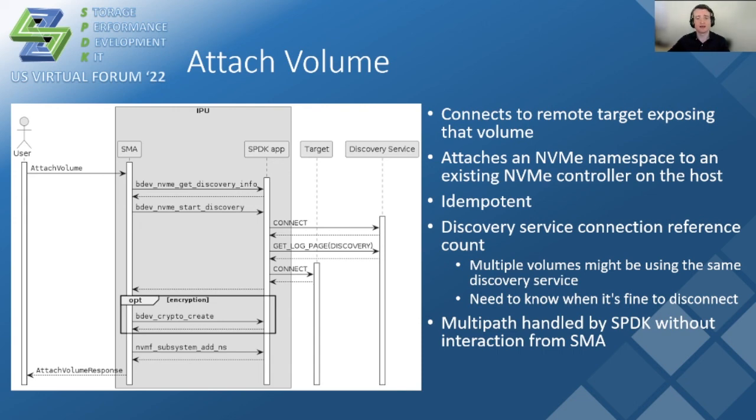And finally, it will expose the volume to the host by adding the appropriate BDEV, either NVMe or crypto, to a subsystem that is associated with a given device. After this, the host will see a new namespace appear on the NVMe controller associated with that device.